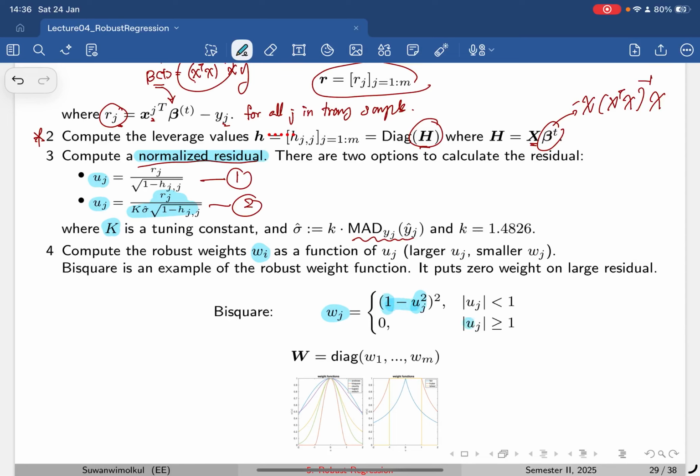And if the residual is exceedingly high, higher than 1, you just put it as 0, because it suggests that the data point at the J training sample shouldn't be included in your estimation for the linear regression.